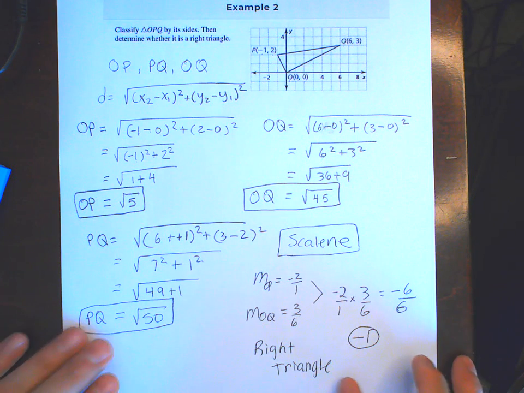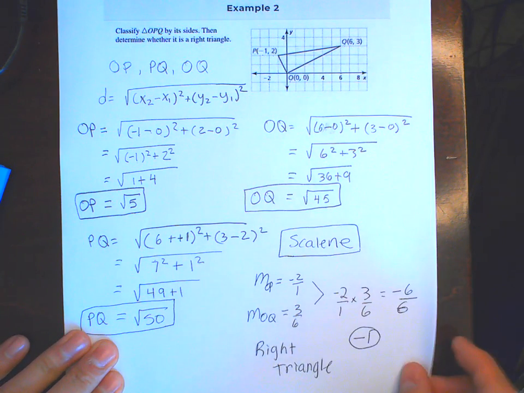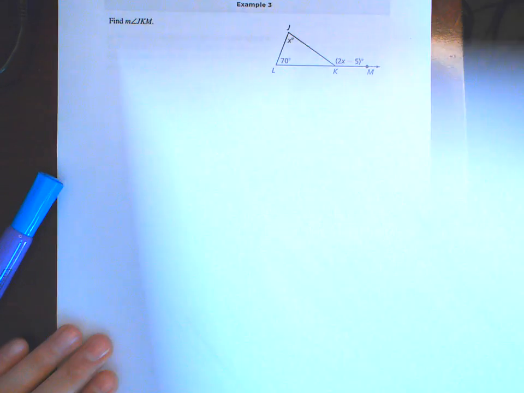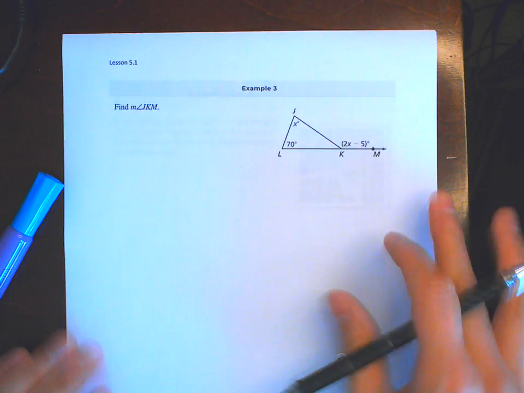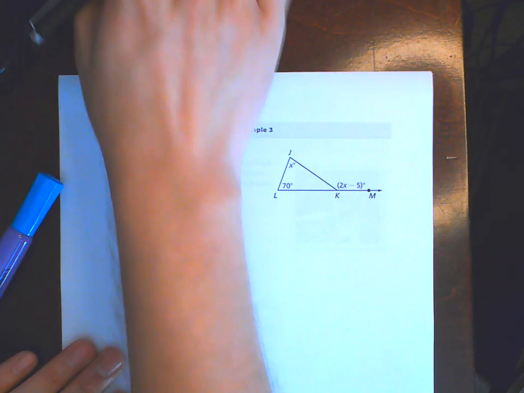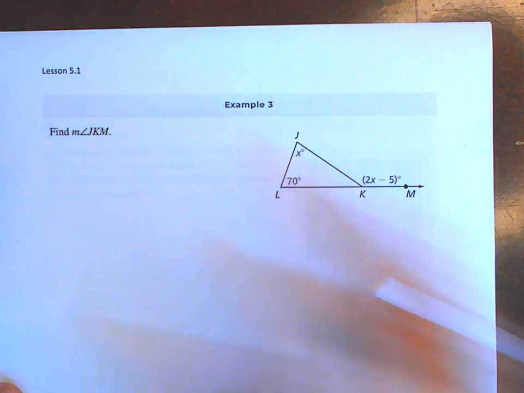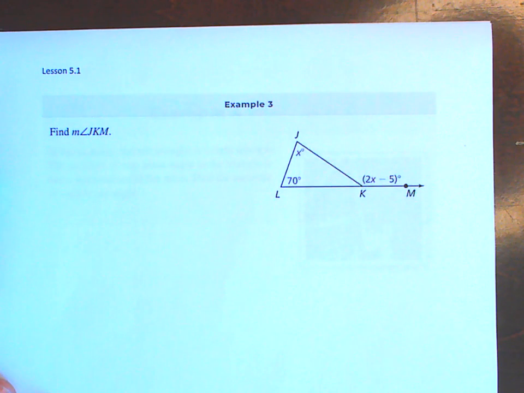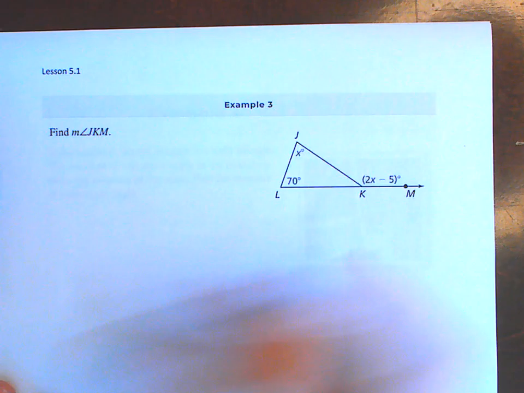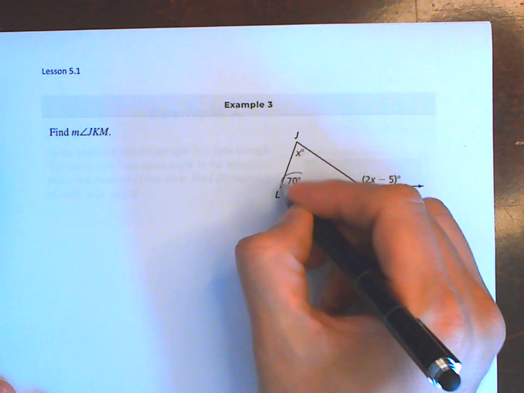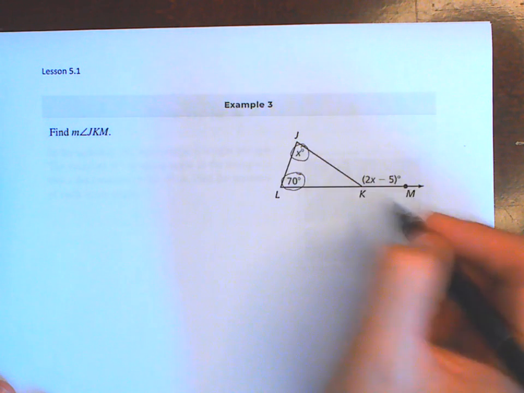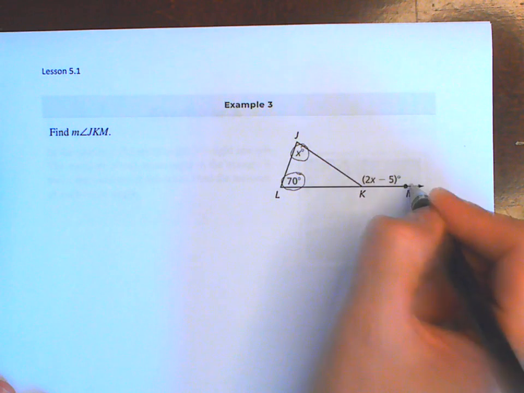All right, let's look at the next example, example 2. The next example is a very, very simple application. One of the theorems that we did learn was the exterior angle theorem, which stated that the two non-adjacent angles, their sum, is going to equal the exterior angle.